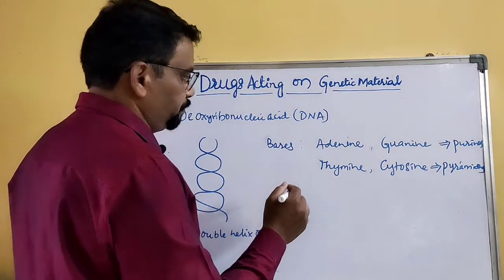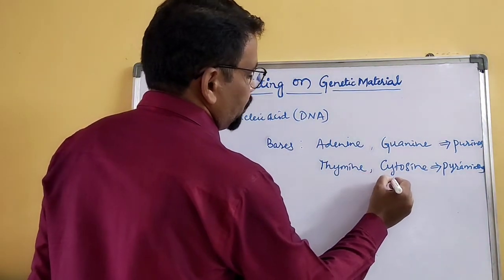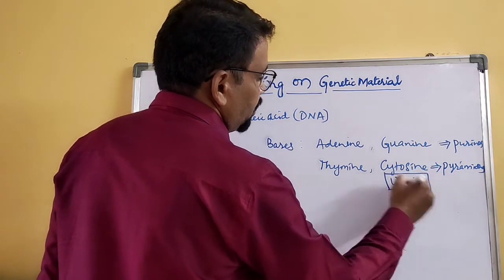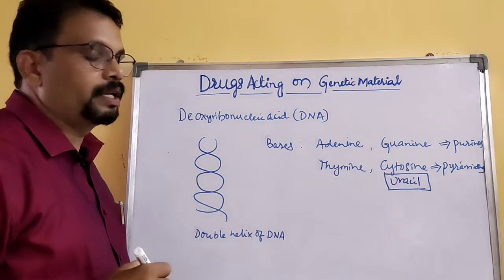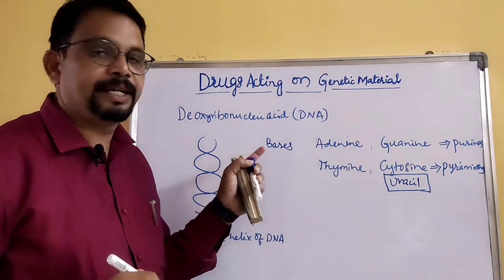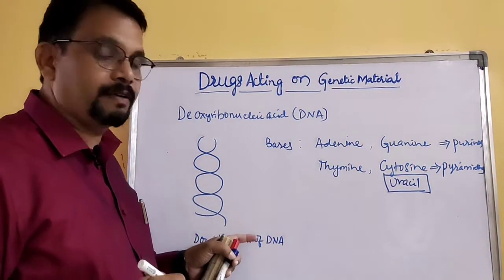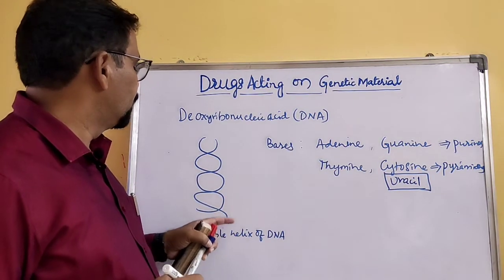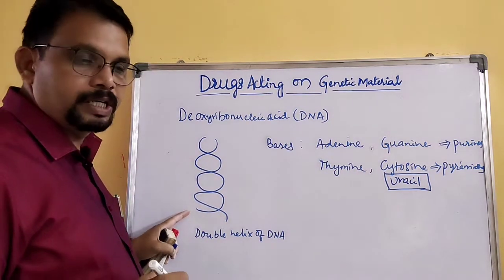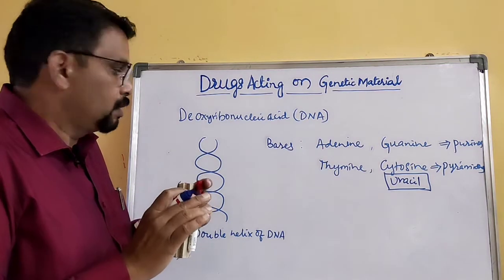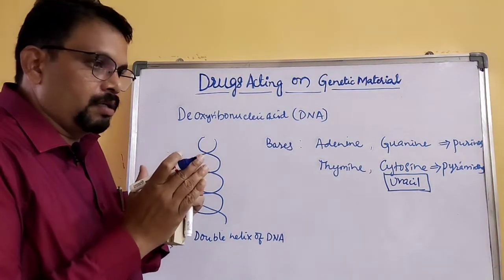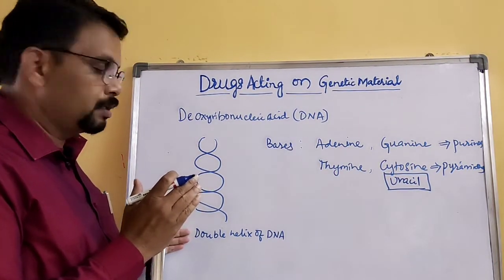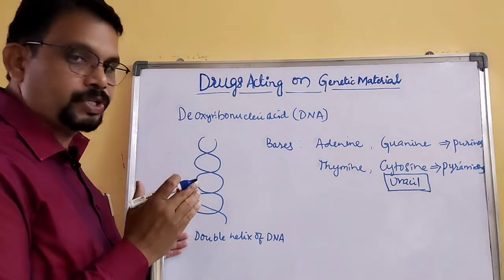In RNA there is an extra base, uracil, which is only present in RNA and will not be present in DNA. The double helix structure of DNA is like this: the two chains are attached together in a coil-like helical structure.